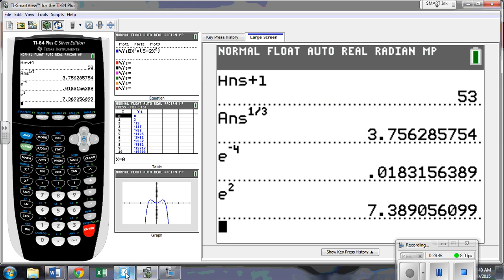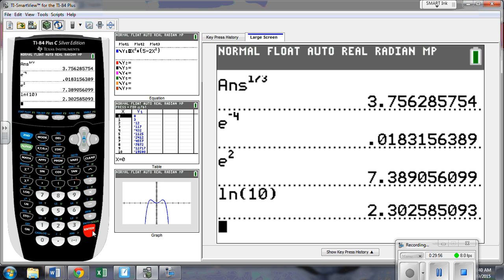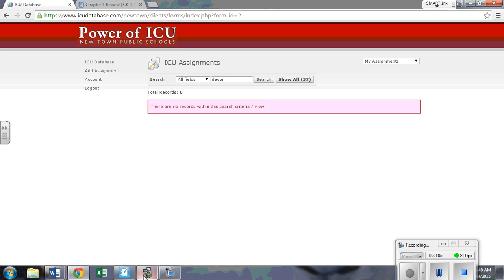Well, it's the same button. Natural log. Don't need the shift key for it, though. And the natural log of 10 turns out to be 2.30 when we round it to 3 significant digits.